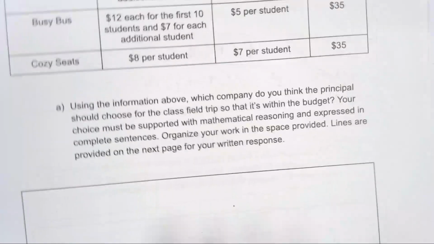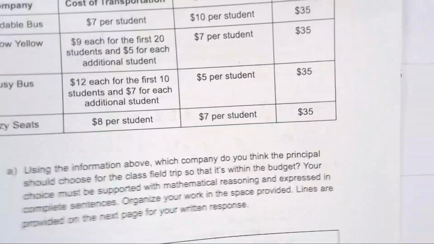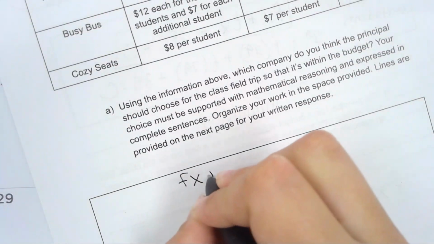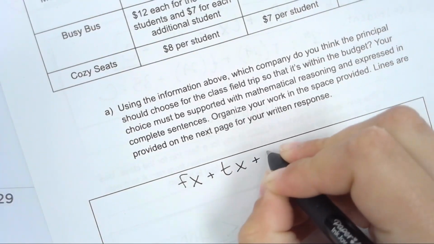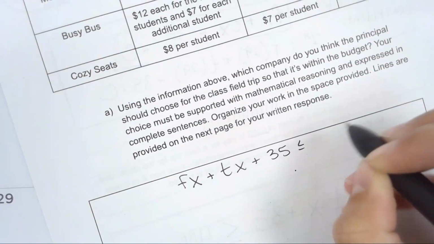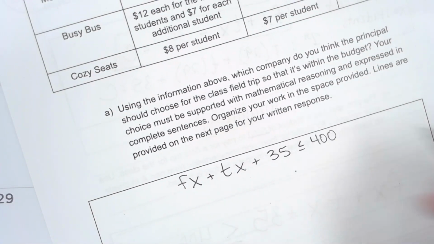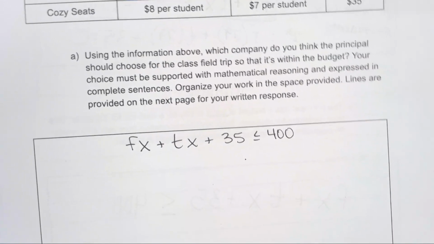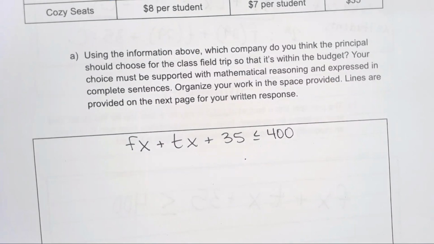Okay, so we are going to use the inequality that we used on the front page here. So I'm just going to rewrite this inequality at the top here to help us remember what our inequality statement was. And this part is where you are actually going to start plugging in the number of students for your class.